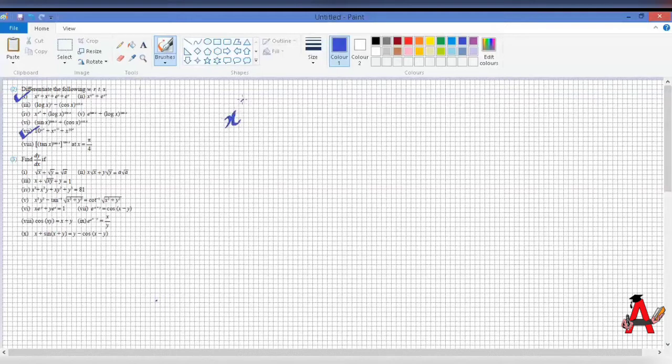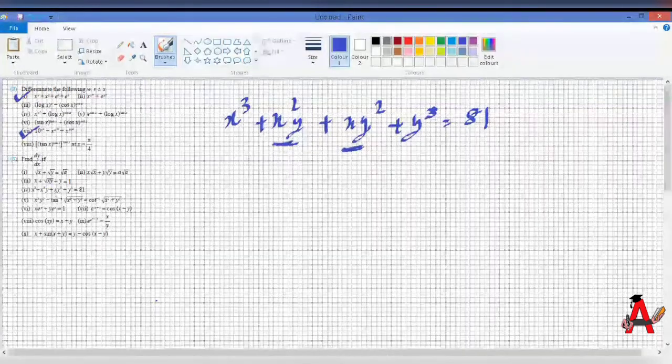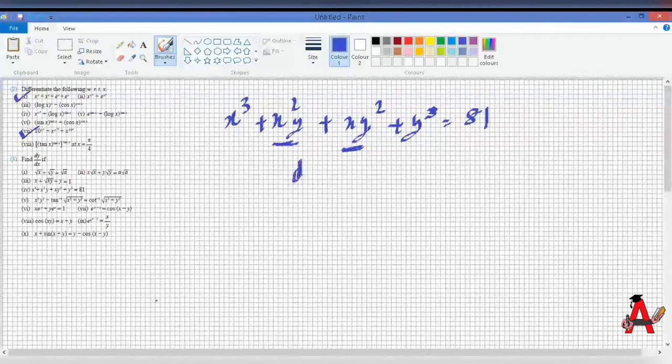Fourth is given as x cube plus x square y plus x y square plus y cube is equal to 81. Now remember, even when it is x square and y, it is u into v. Even here, root of x and root of y is u into v. So you have to ensure that there is a u into v thing here. Now let's try to differentiate this equation.